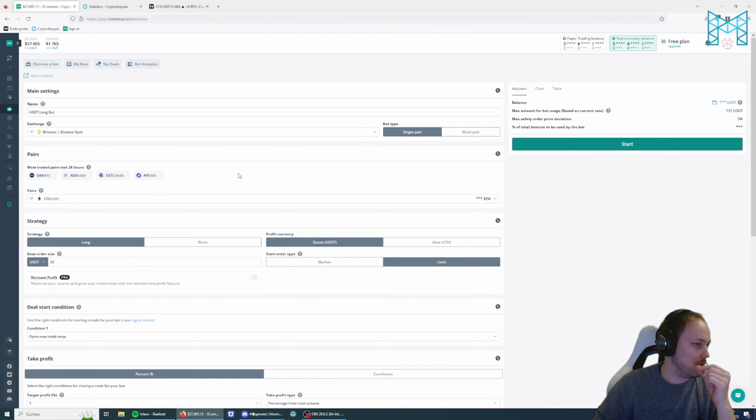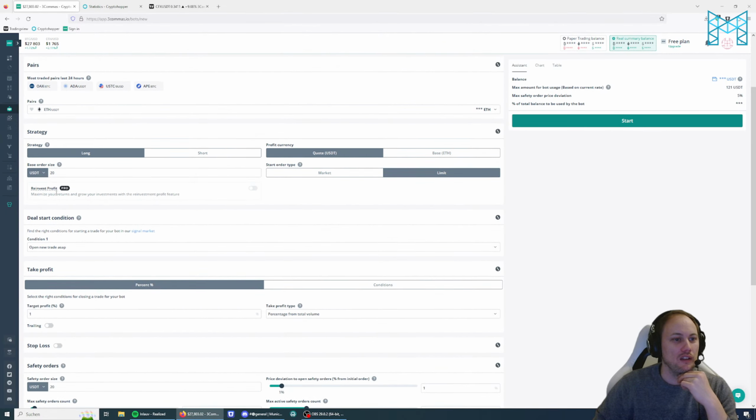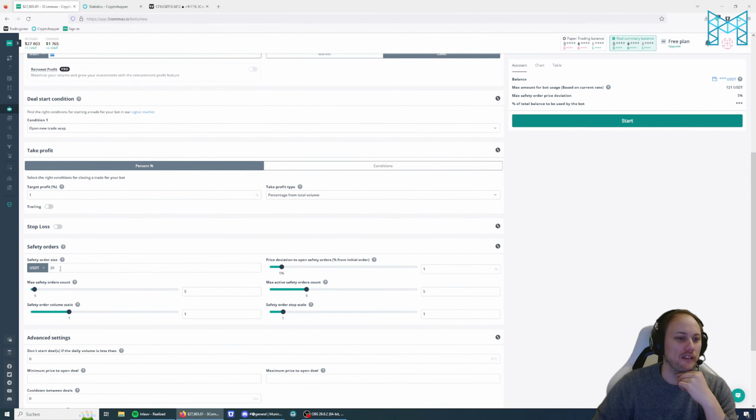One function I'm really interested in, if you know it directly, is a compounding function. If the bot makes profit, in CryptoHopper it's directly added to the next trade. But here on standard settings, for the DCA bot, if you create one, you create a fixed base and then safety.